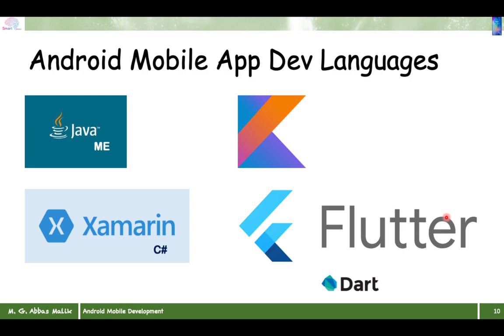And then we have Flutter, which is based on the Dart language. That's again a multi-platform application development framework, which was introduced by Google in 2019. Okay, so it came recently, but it is getting more and more popular. Hopefully in the future you will have another course from me about Flutter, but not now. This is about Android programming.